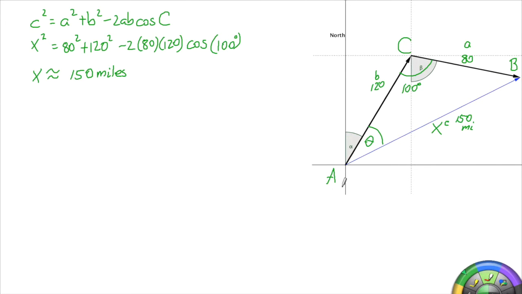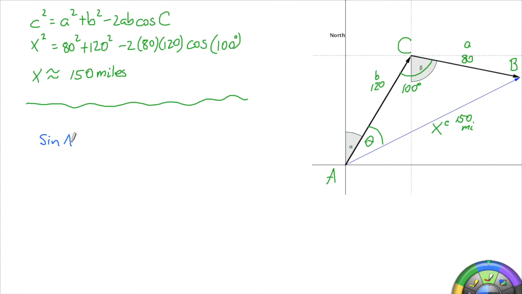All right, so now I want to find theta. Well, theta is related to A, and we know side A. Now I have side C, and I know angle C, so we can set this up as law of sines. We're looking for an angle, so let's put the sines up top.